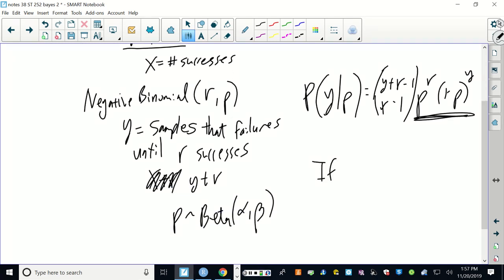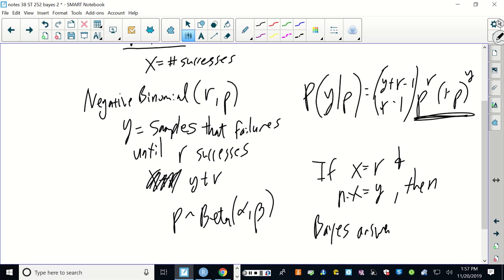Okay, so if X is the same as R and the N minus X is the same as Y in these things, then Bayes answers are equivalent.